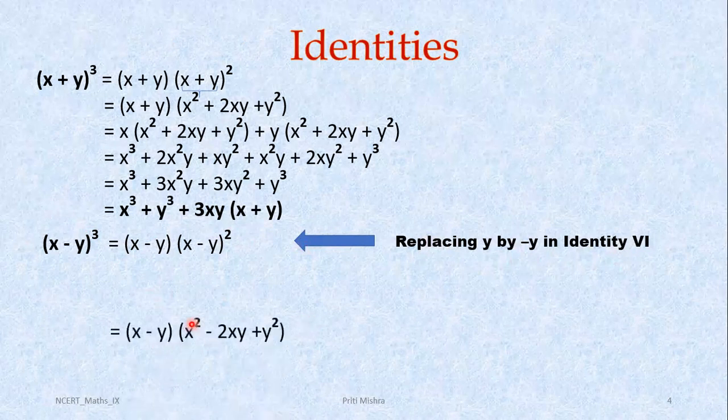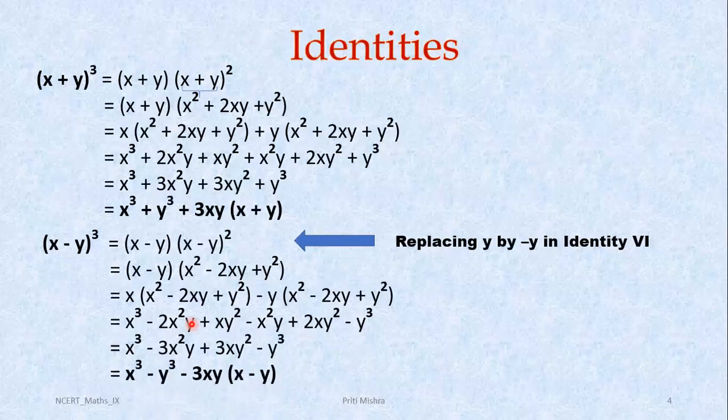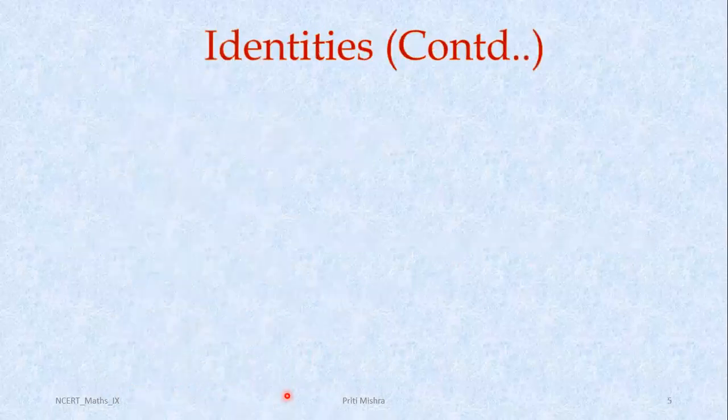So if you have to follow all the steps, you can do it like this, as we have done in the previous identity. If you replace y by minus y, then you will have the resultant x cube minus y cube minus 3xy into x minus y. So this is the proof of identity number 7.